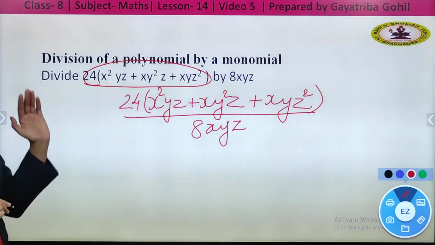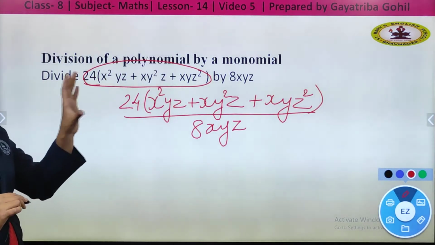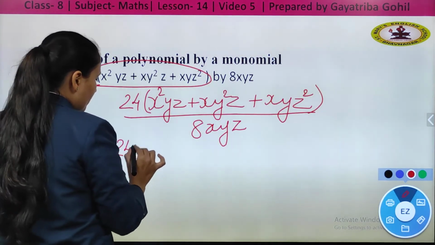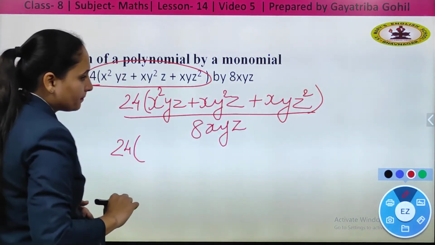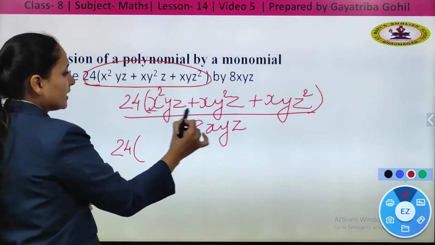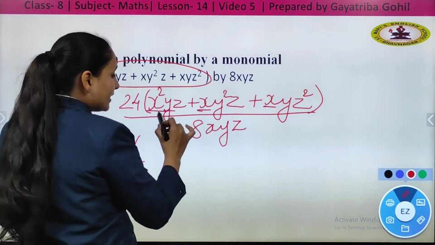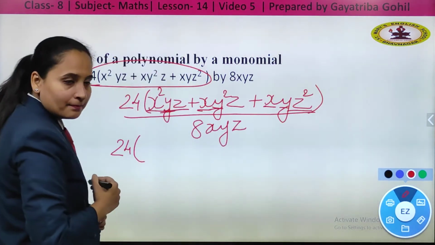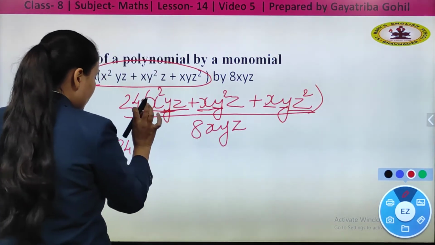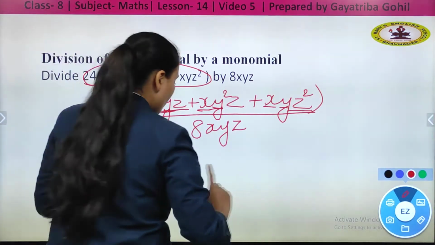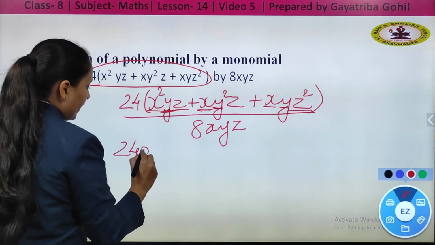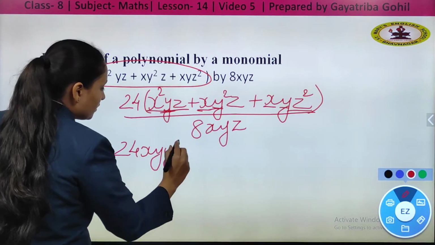First of all, find the factors of the polynomial that is there in the numerator. Keep 24 as it is. Now what is common in all of this? x is there in all the three, y is there in all the three, z is there in all the three. So over here I can have xyz common.